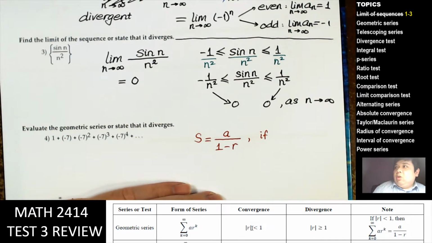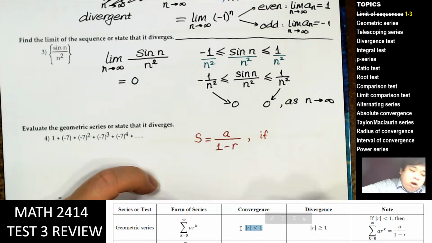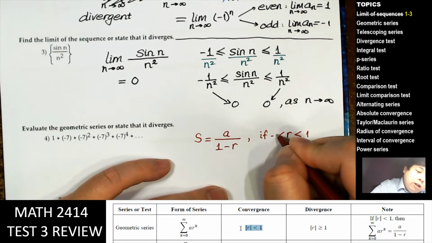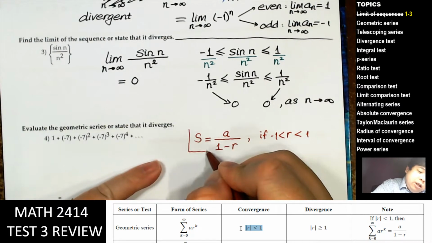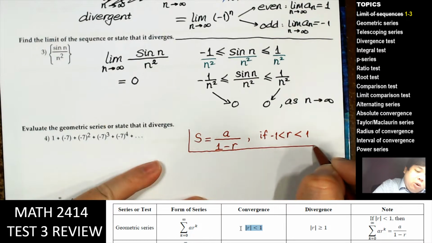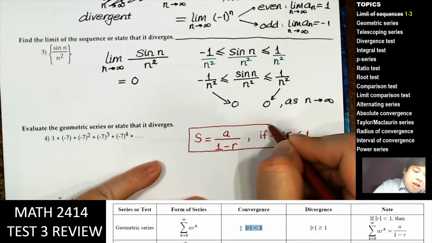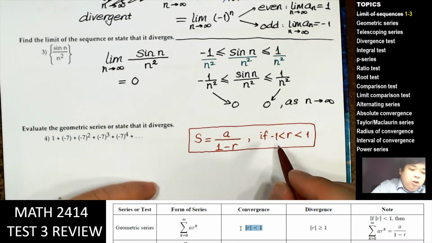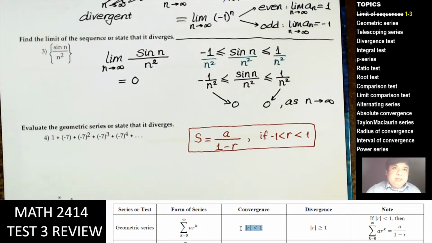Here under convergence, the absolute value of r is less than 1. Equivalently, we can say r is between -1 and 1. If it is greater than or equal to 1 or less than or equal to -1, it will be divergent. Right, so this is what we have.